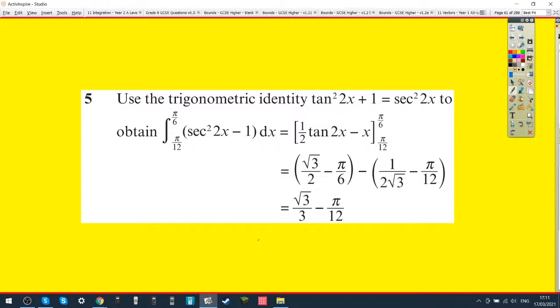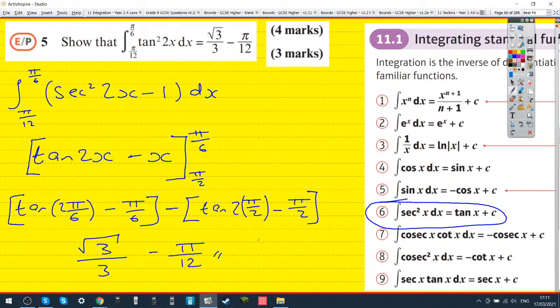I don't know how much is necessary, but you could put each of the 2 into your calculator, the tan 2 pi over 6 and the tan 2 pi over 2. Any questions with that?